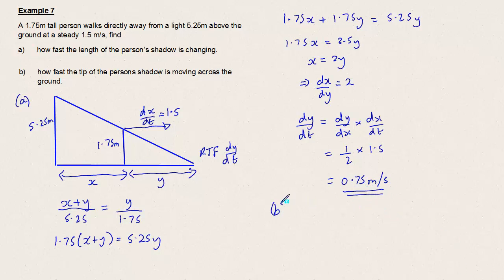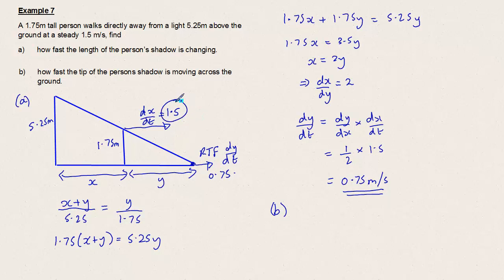Now part B is very straightforward. We now know that the person is walking away at 1.5 and the shadow is increasing in length at 0.75. So the tip of the shadow here, how fast is that moving across the ground?